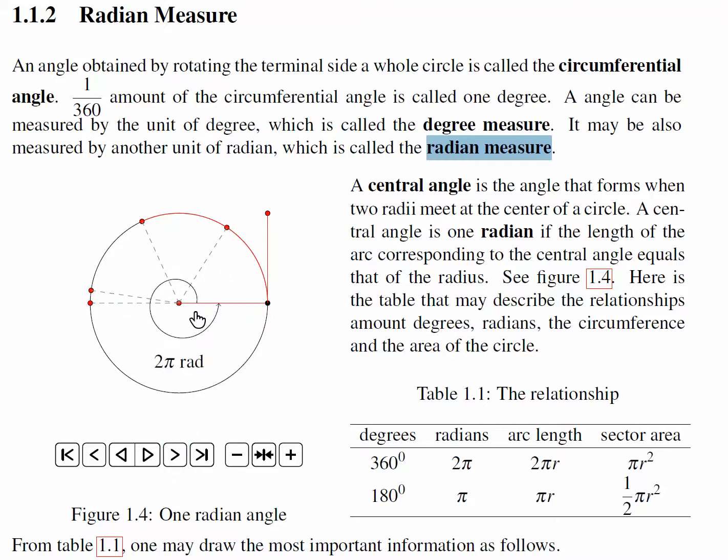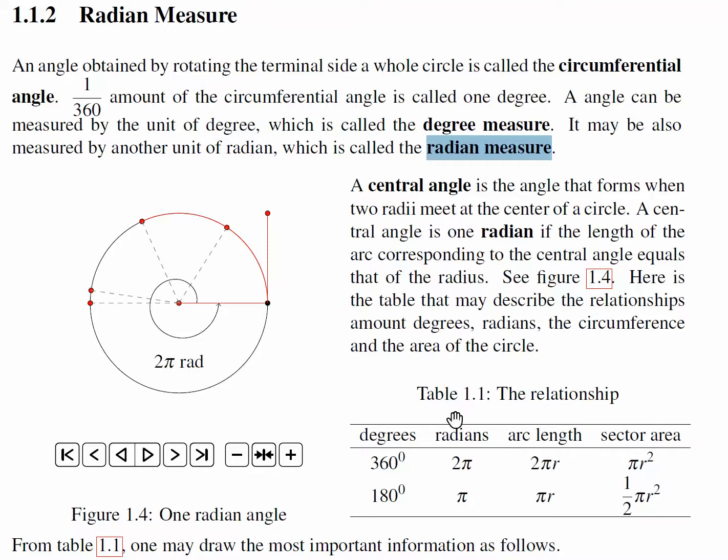And then, if you rotate another semicircle, you will have 2 pi radians, and that's 360 degrees. So 2 pi radians is 360 degrees.